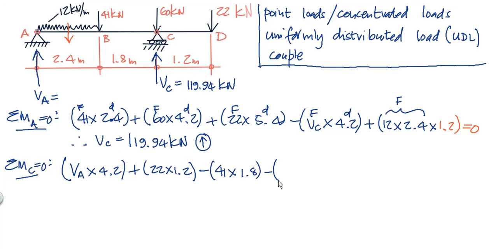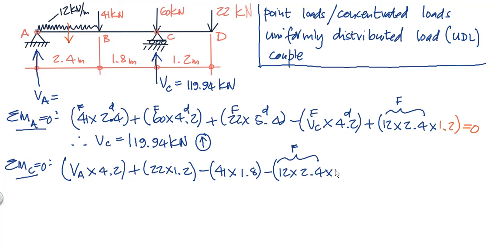minus 12 times 2.4. Remember, the value of the UDL times length is the total force acting. We need to still multiply it by its lever arm. And its lever arm acts through the center of the length of the load. So from there to there is 1.2 plus 1.8, which is 3 meters.